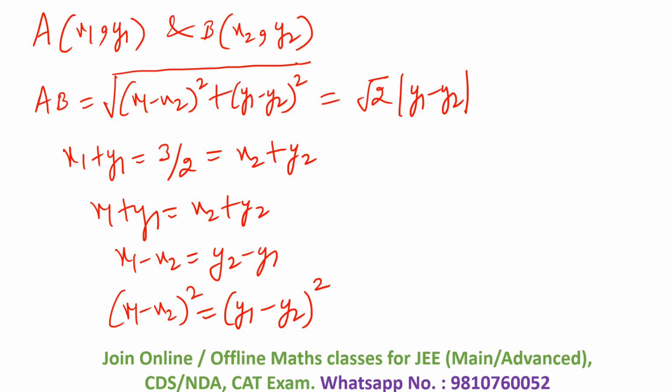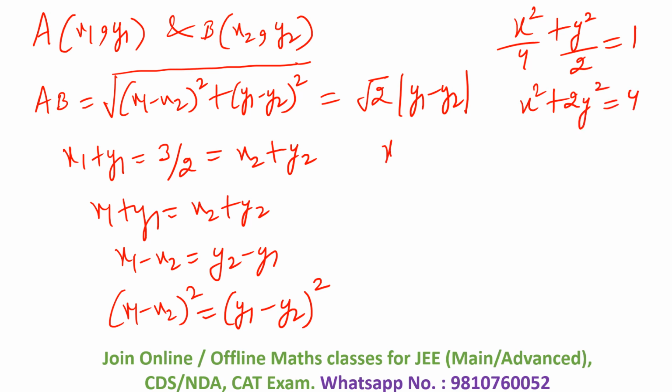And for this purpose, what we will be doing, we will solve the equation of the chord with the equation of the ellipse. Now, the equation of the ellipse was x square upon 4 plus y square upon 2 equal to 1. Now, this can be simplified to x square plus 2y square equal to 4.